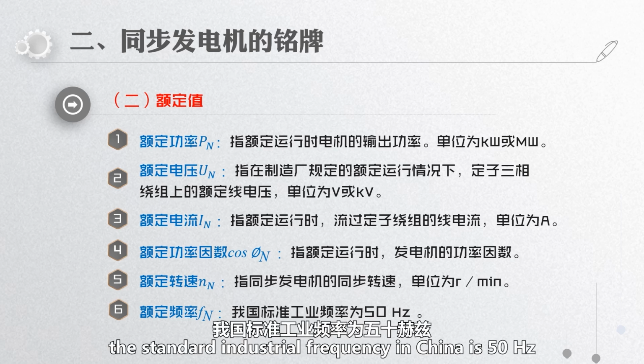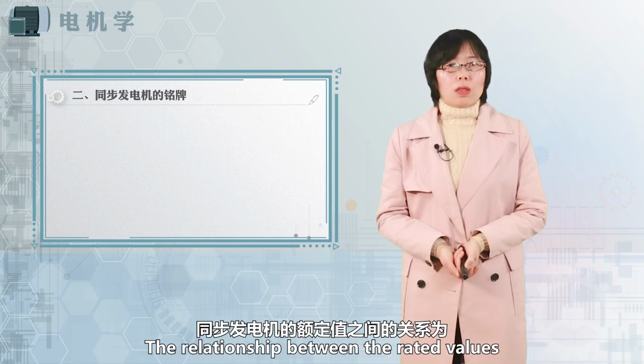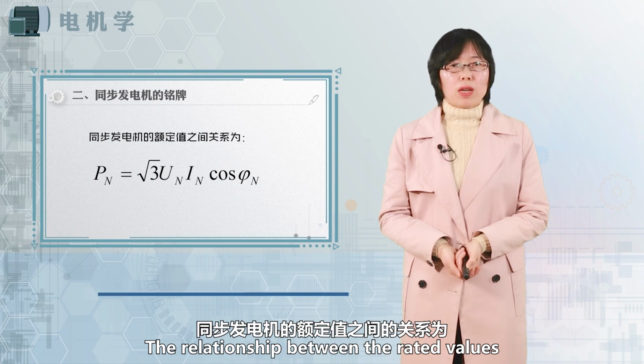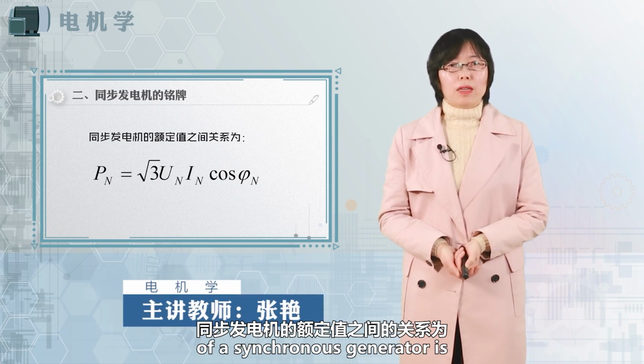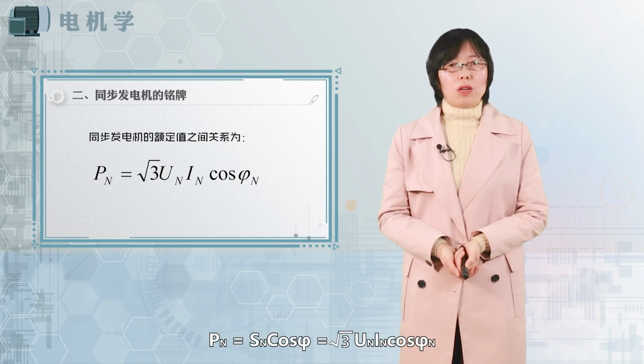The standard industrial frequency in China is 50 Hz. The relationship between the rated values of a synchronous generator is PN = SN cos φ = √3 UN IN cos φ.